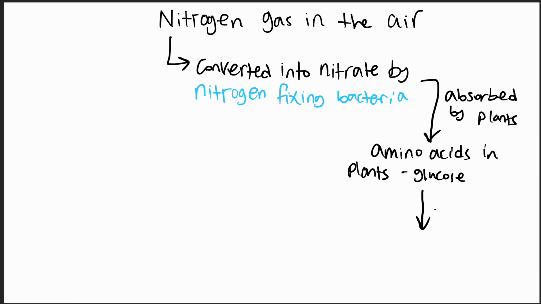So they get eaten by animals. And then the animals also get the nitrogen. So we basically get the amino acids. The animals have now gotten the amino acids, but what's something that plants and animals both have in common?